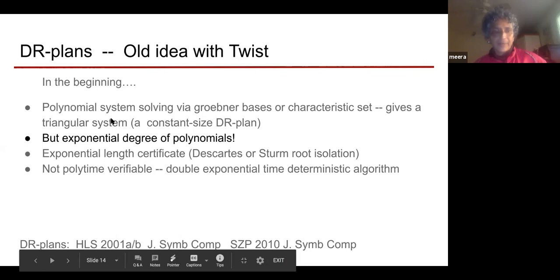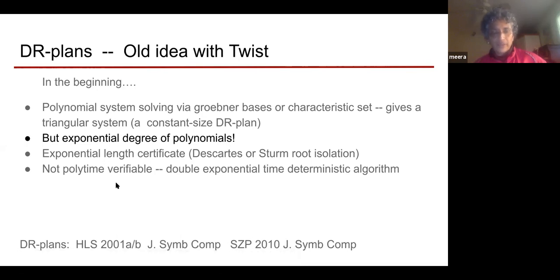But there is another much more important reason for talking about DR plans, which is that in general, polynomial system solving using Gröbner bases or anything else results in a triangularization of the polynomial system.